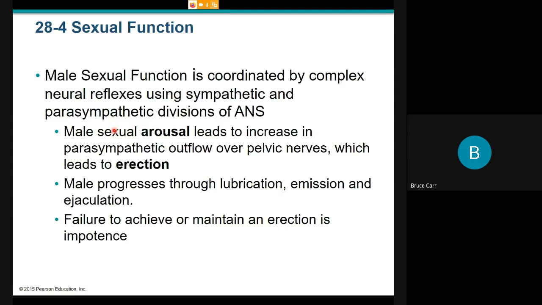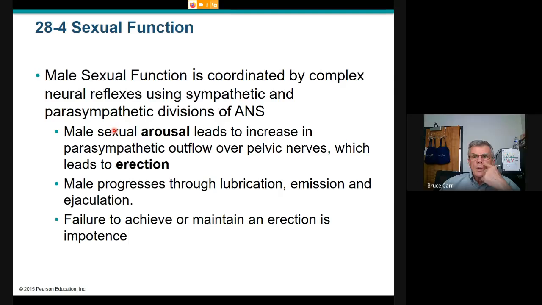Male sexual function does coordinate autonomic function with neural reflexes. Sympathetic and parasympathetic nervous divisions are both involved. So basically, the hyper alertness and the hyper receptiveness and activity at this time might just be a reflection of the fact we're using so many nerves at the same time.